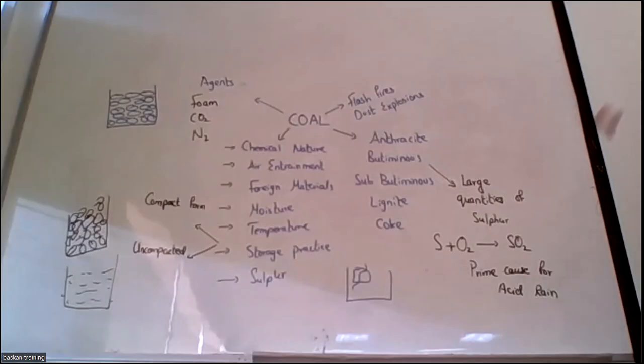CO2 has further effects. Not only does it displace oxygen, but it creates a pressure gradient. In dry air you have 21% oxygen and 79% nitrogen. You introduce CO2, and what you are going to do is displace oxygen. Oxygen is displaced, and what will nature try to do? Nature will always try to balance out.